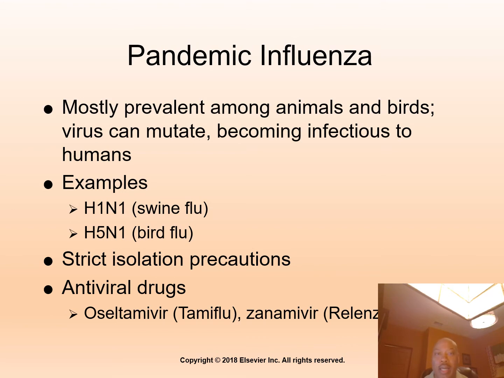IV fluids should be provided for treatment, especially for diarrhea. We should also be doing a strict intake and output and basically monitoring their hydration status. So 2 important areas to monitor during rehydration: we want to look at their pulse rate, the quality of the pulse, as well as their urine output.